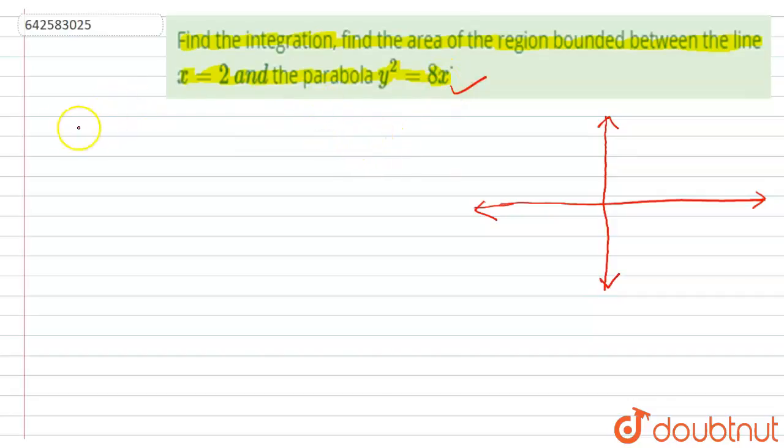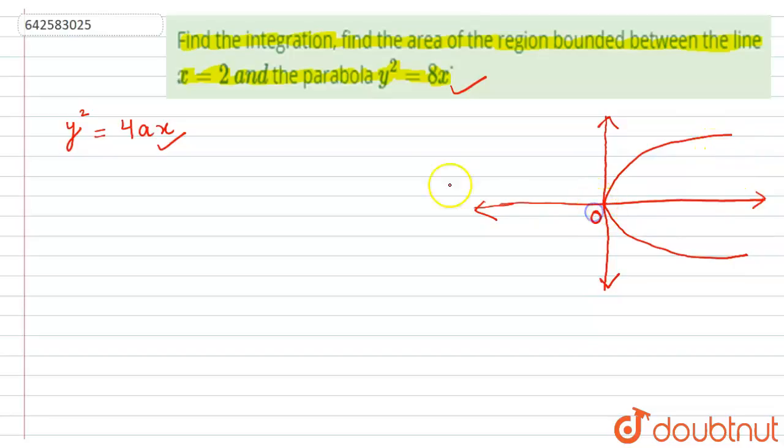If you compare it with y square equals 4ax, it is of this type, so it would lie like this. So this is our required parabola.